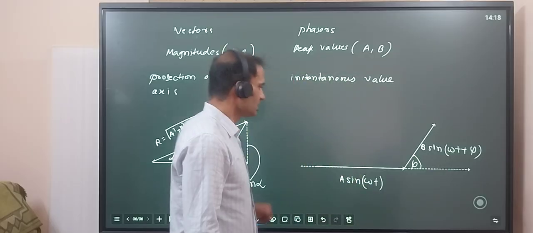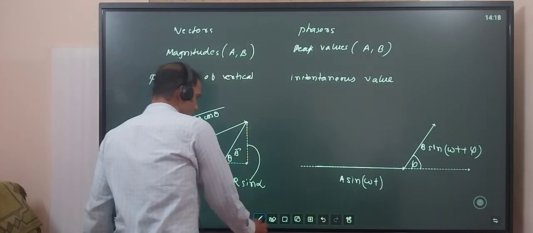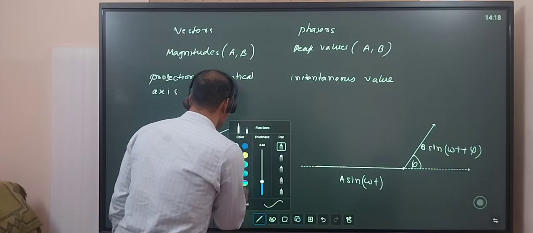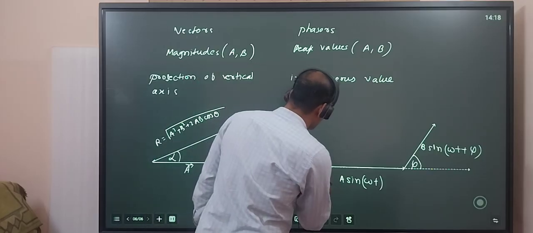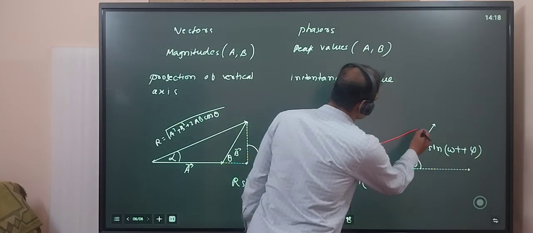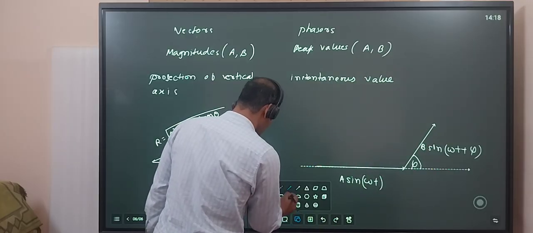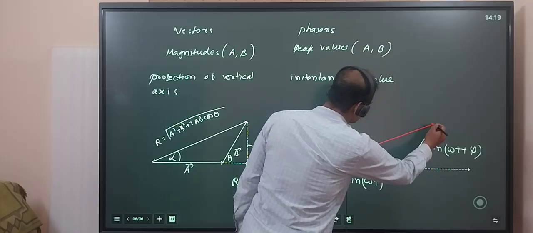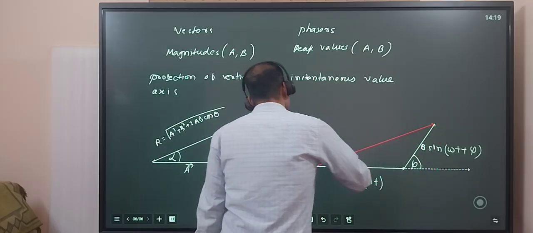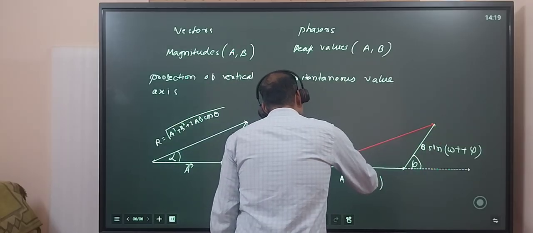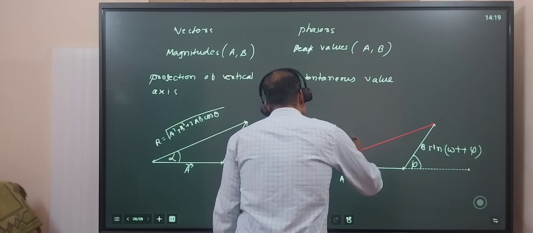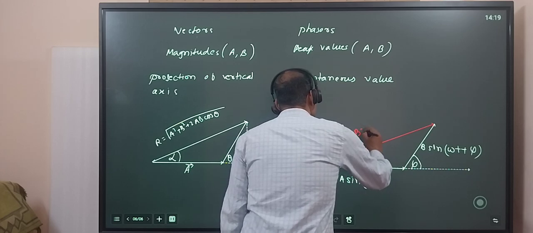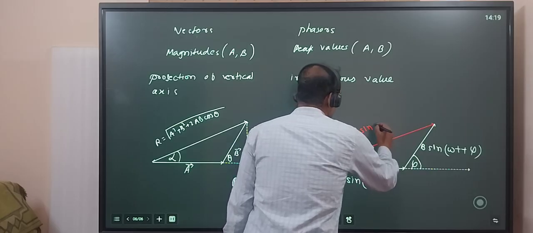And what we are getting when we are summing, I will show it by red color, is a square plus b square plus 2ab sin phi.